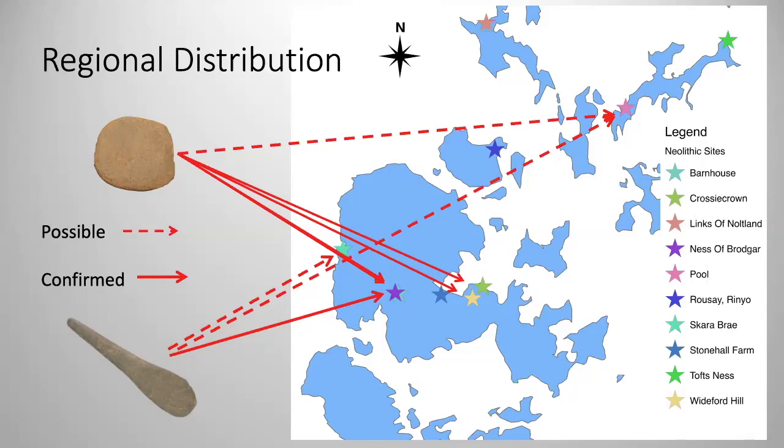He does refer to a large number of bone spatulas, but he also has one reference to a stone spatula. And then he has another reference, which I thought was really interesting, to what he called a milled stone spoon. So stone, it was milled or ground, and it's spoon-shaped.